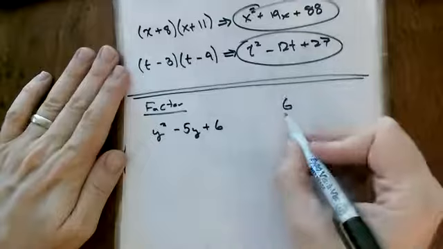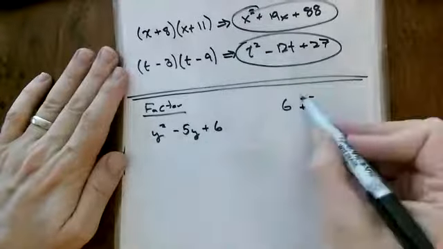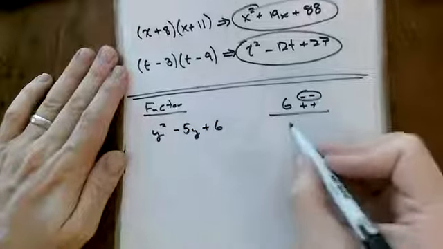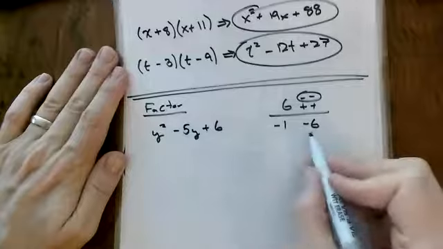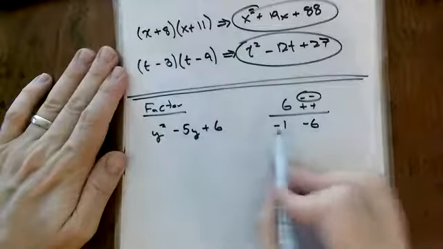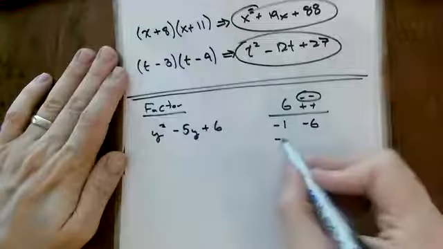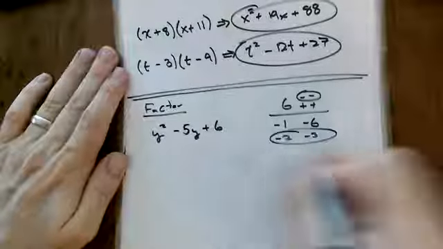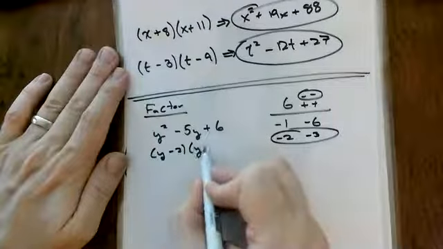That means, because this is positive, both of my signs have got to be the same, and it looks like they're both going to end up being negative. Okay, let's do that. So I'll have -1 and -6. Yeah, okay, that looked a little bit promising with a 1 and 6, but they're both the same sign. So that's not going to be it. But -2 and -3, oh, there it is. So this is just going to be y minus 2 and y minus 3.